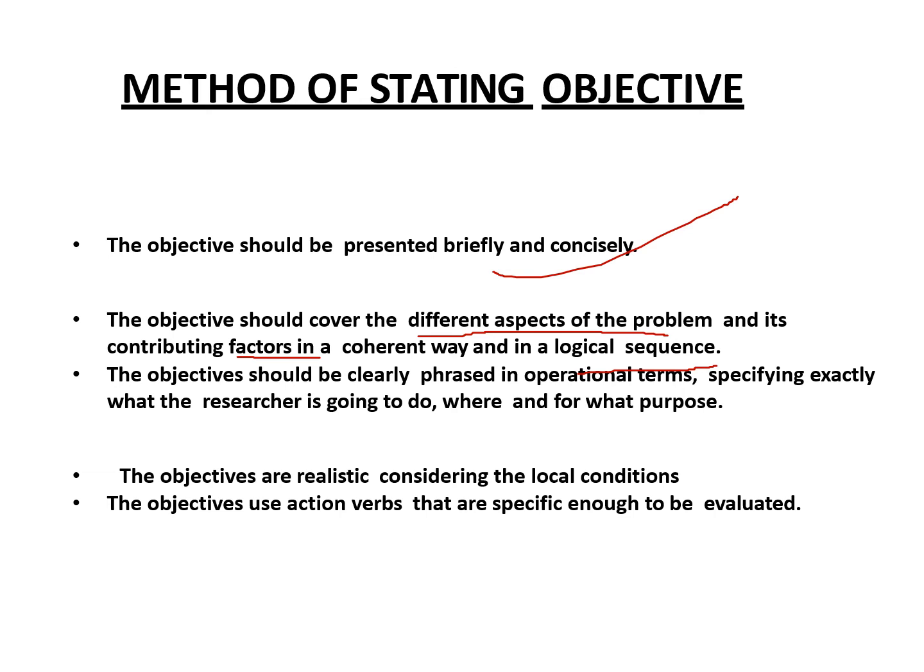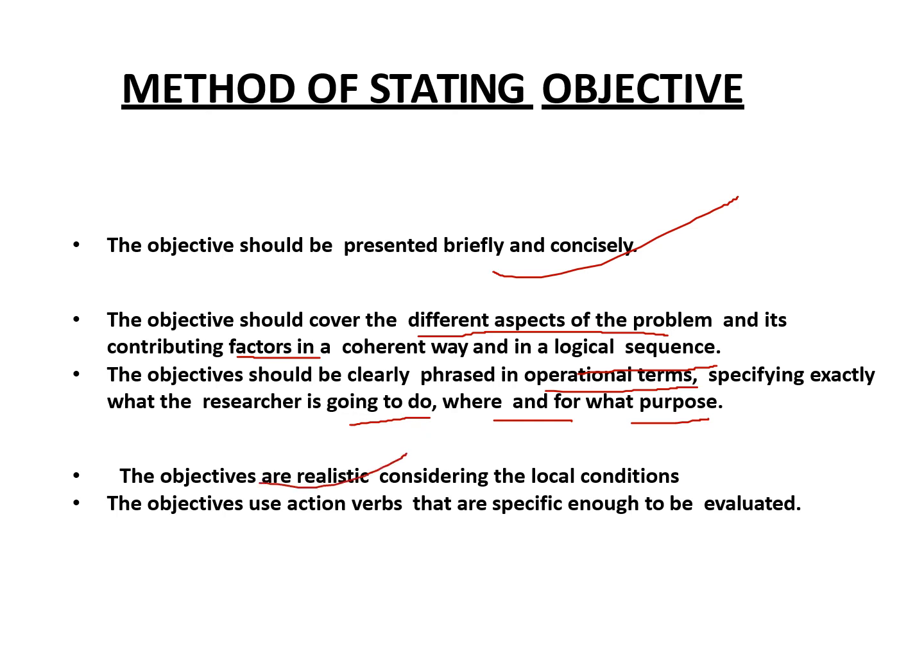Next, they should clearly define the operational terms or variables we are going to use. This helps in understanding what the researcher is going to do, where the research will be conducted, and for what purpose. That should be understandable.